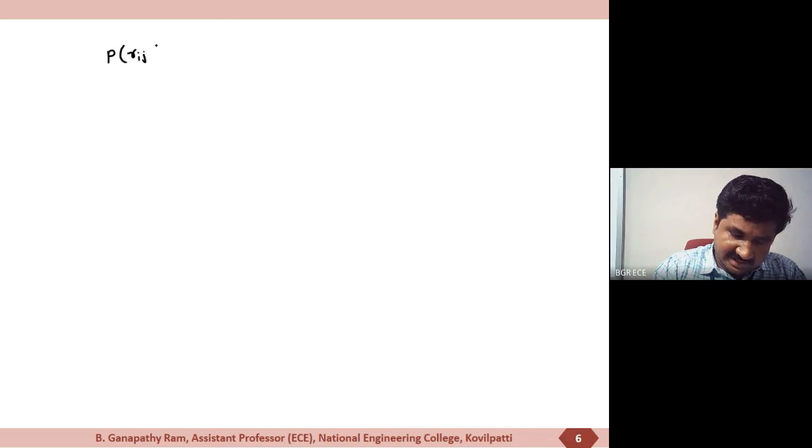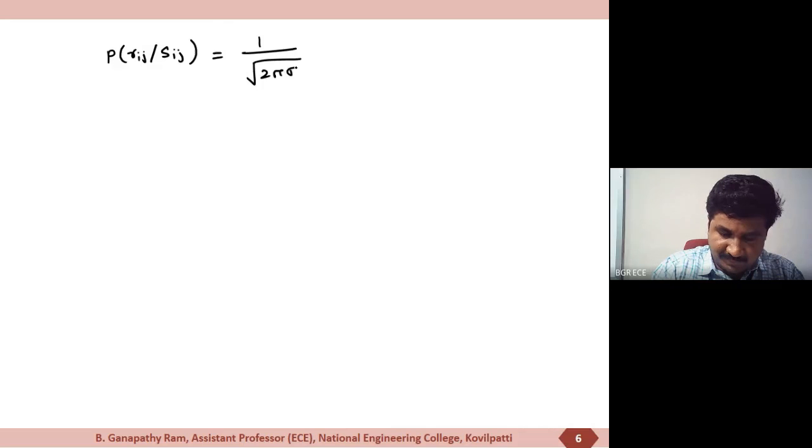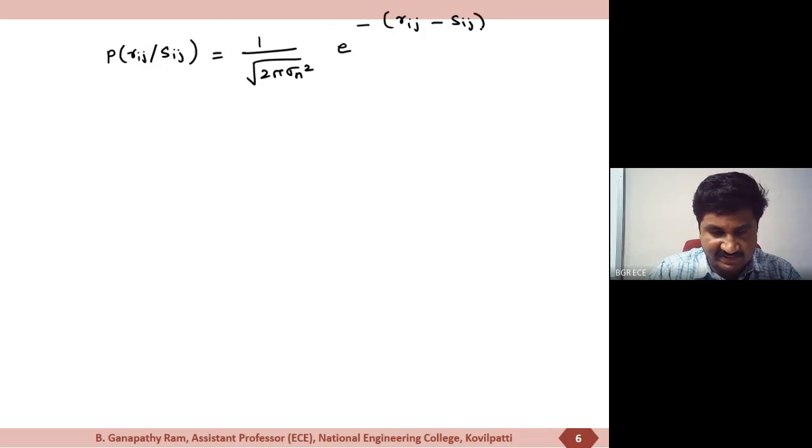And here P of Rij given Sij can be written as 1 divided by root of 2 pi sigma n square, e to the power of minus Rij minus Sij the whole square divided by 2 sigma n square.